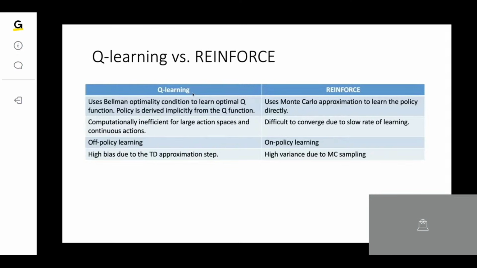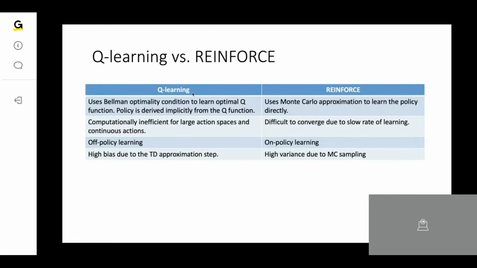Q learning has a high bias because of the approximation step that is involved, where we are learning the value function with respect to a noisy target, and we are continuously refining the target, so it leads to a high bias in the estimates.